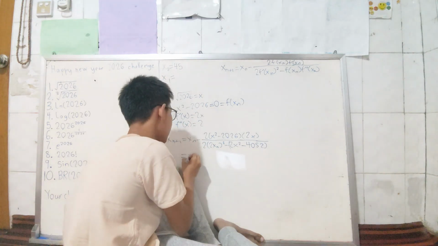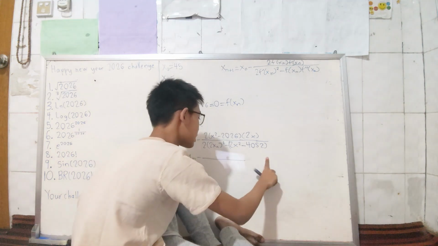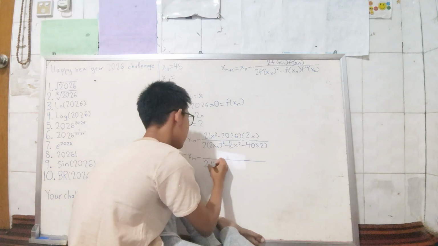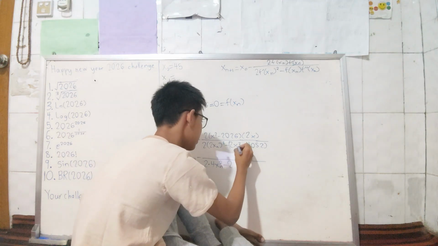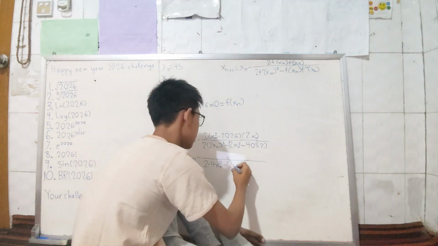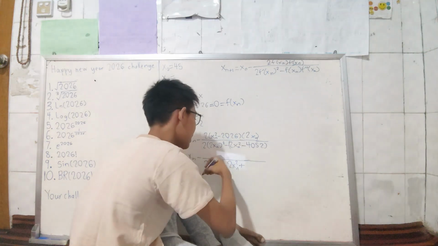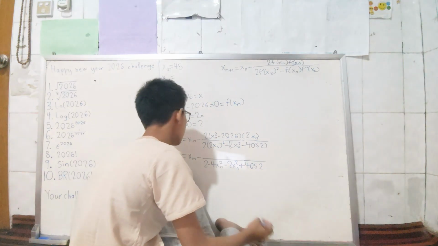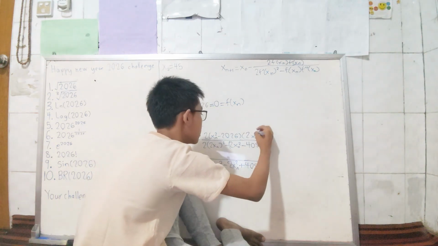So we're going to simplify this. I'm focusing on the denominator first because it's much longer. So 2 times 4x of n squared minus 2x of n squared, plus, since a minus times a minus is a plus, 4052.